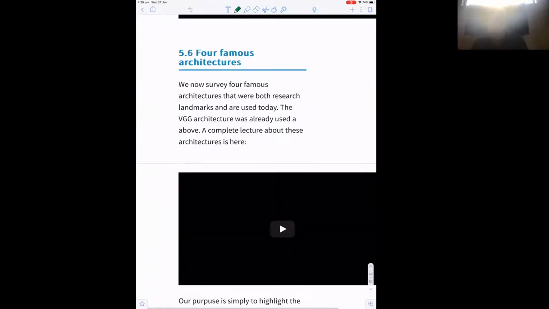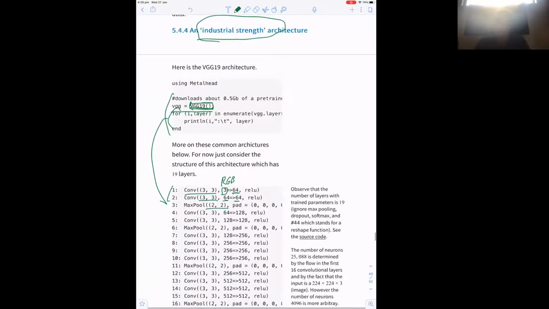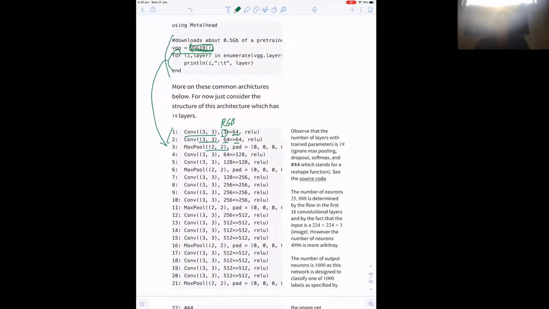As an exercise, you start here with 224 minus 3 plus 1, which is 222. There's no padding, so you've got 222 by 222. Then you do the same thing here: 222 minus 3 plus 1 is 220 by 220.